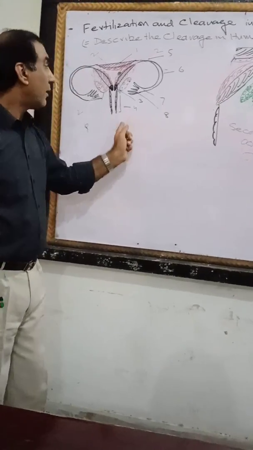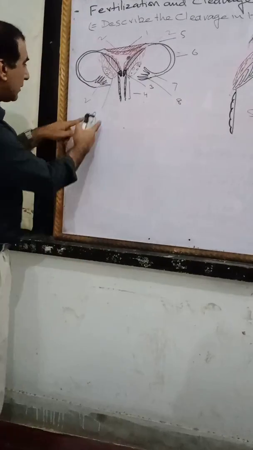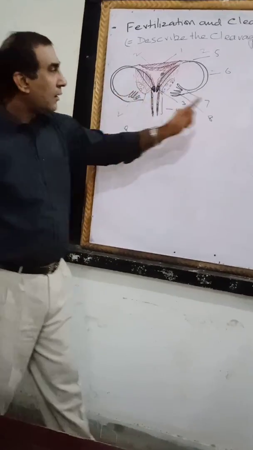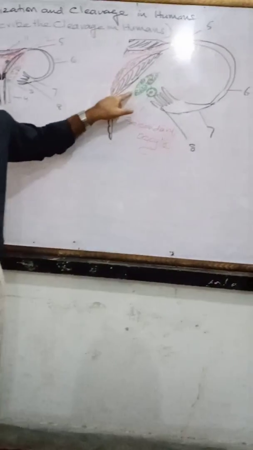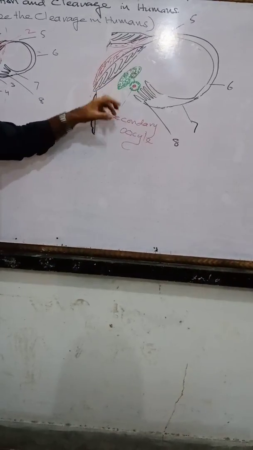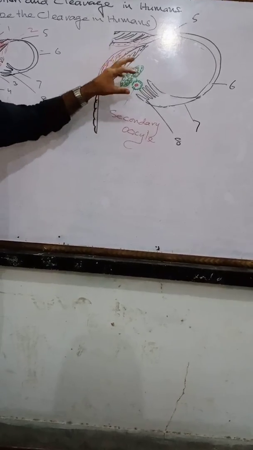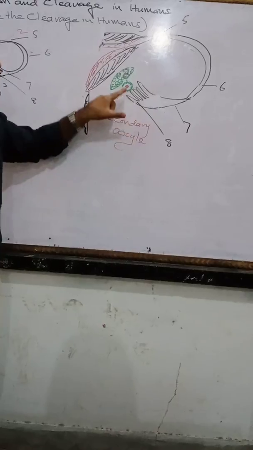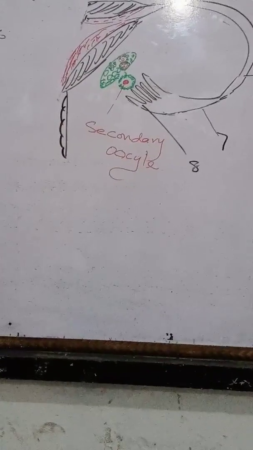When the ovulation occurs from the ovary, labeled as 9, ovary, the primordial follicle undergoes developmental changes and forms primary follicle, and then the Graafian follicle is formed, and the ovulation occurs.